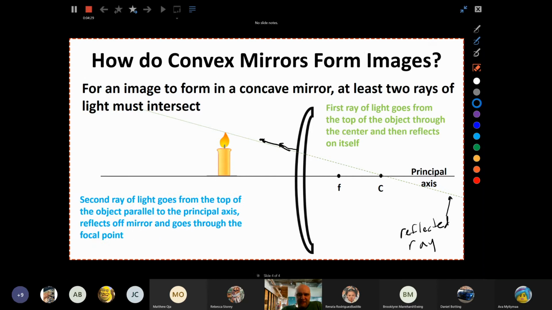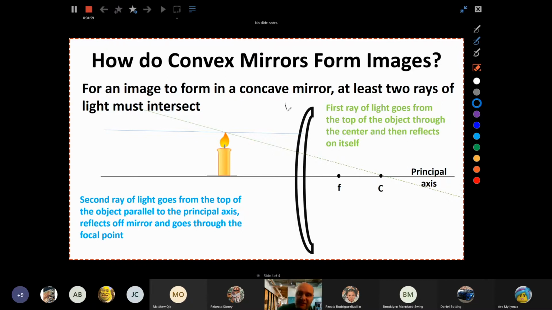Second ray of light goes from the top of the object parallel to the principal axis, reflects off the mirror, and goes through the focal point. So here goes our second ray. It's going to go parallel. It's going to hit the mirror. So at this point, if you're drawing it, what you do is you reposition your ruler, and you would just line your ruler up.